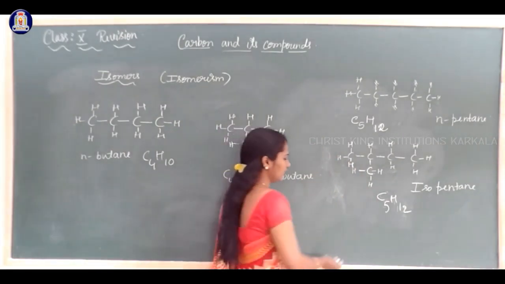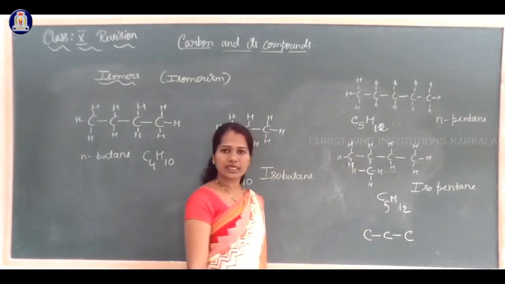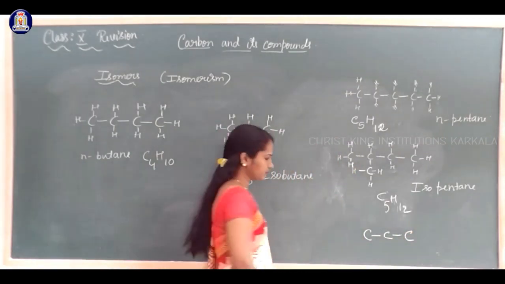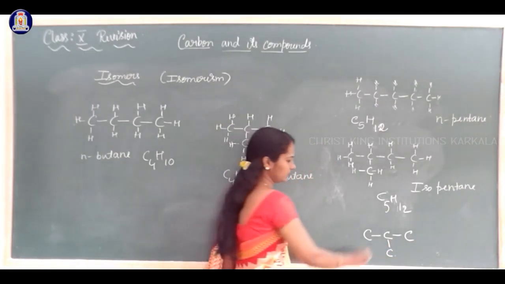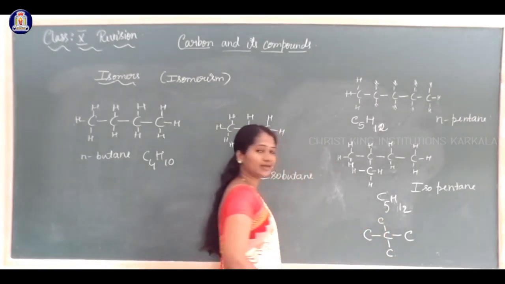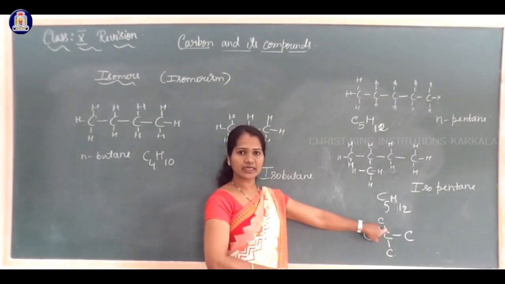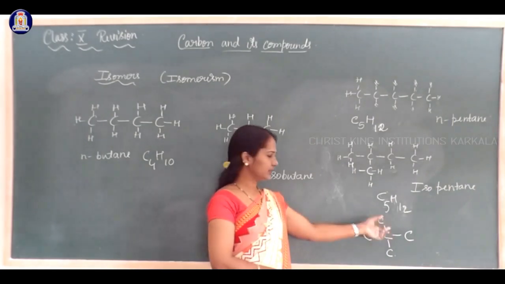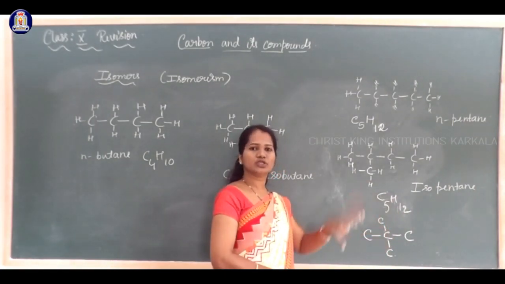How can we write it? Write 3 carbons in a linear, straight chain. This is the 3rd one, the 4th one, this is the 5th one. That is, 2 branches on the middle carbon. For the middle carbon, you are giving 2 branches of carbon.